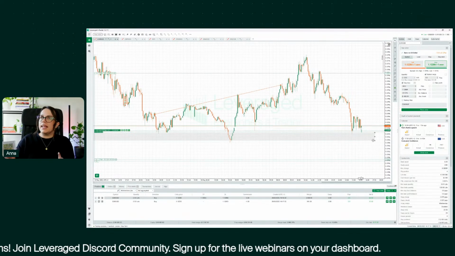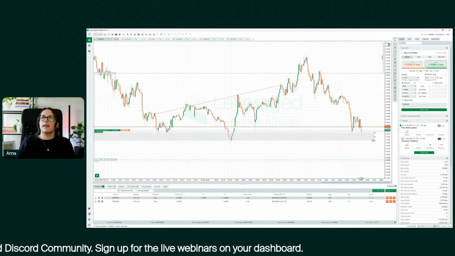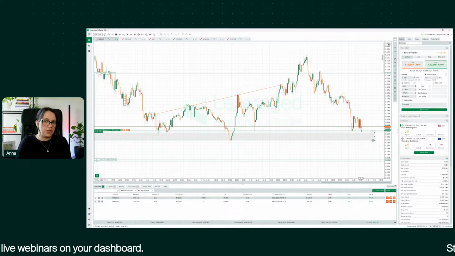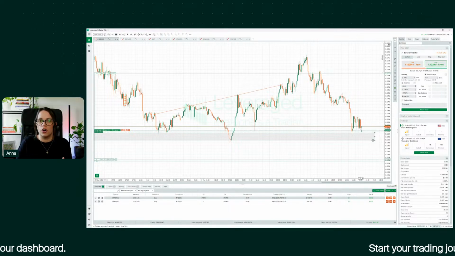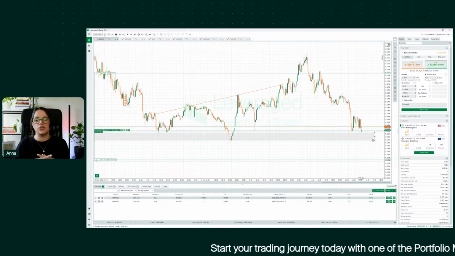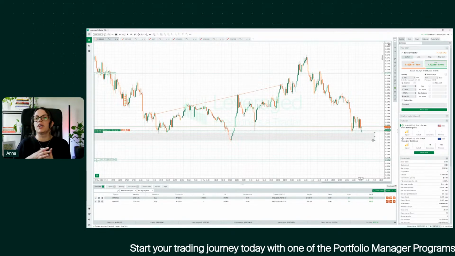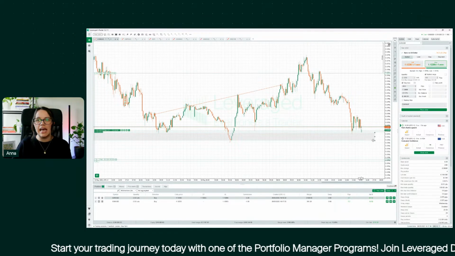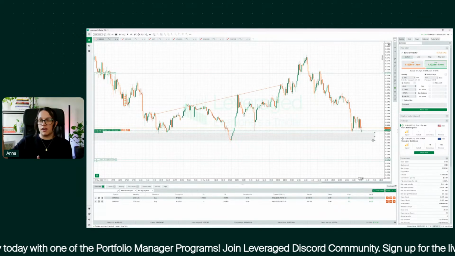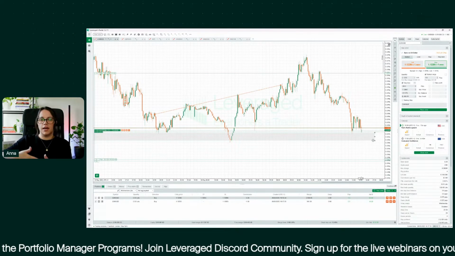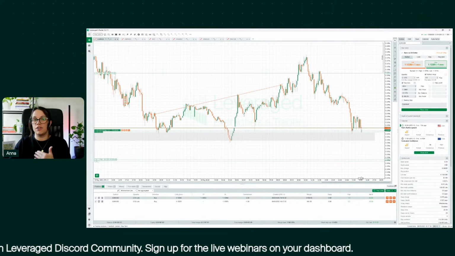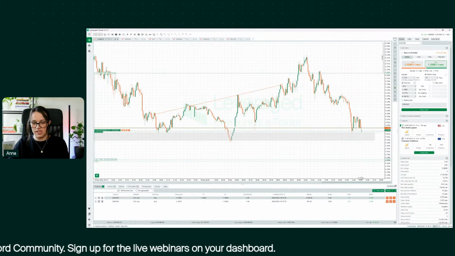Now, I think it's obviously really important to look at your data, what your data tells you, if you can trade that or not. But I think there are going to be times, for example, when you trade a set lot size and the market is really volatile, then you can actually hurt yourself because the market can start to move really against you if you trade without the stop, which obviously should not be the case.